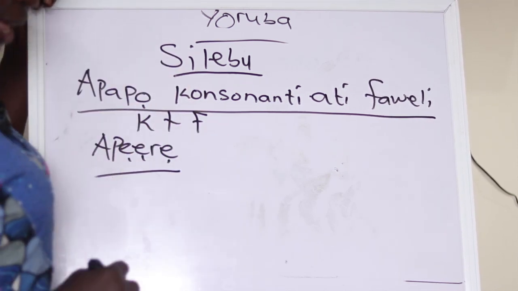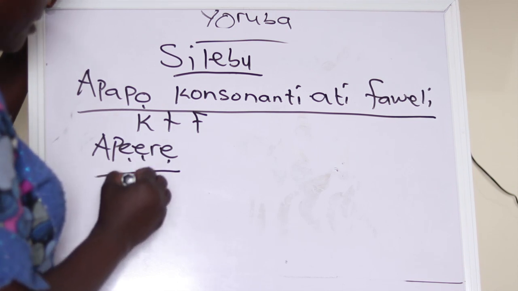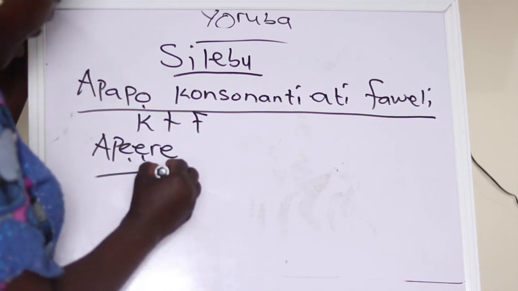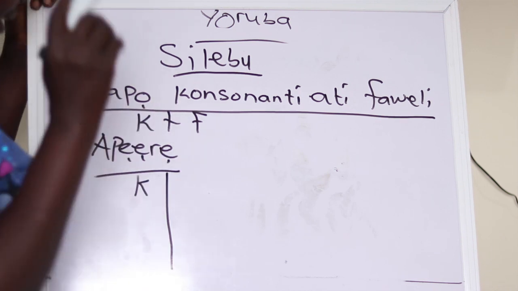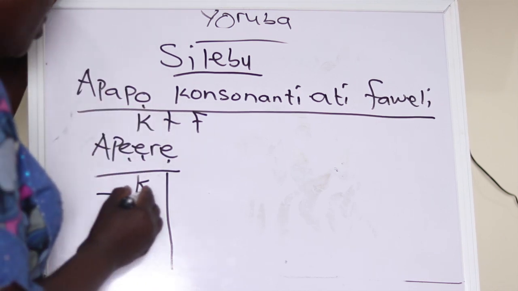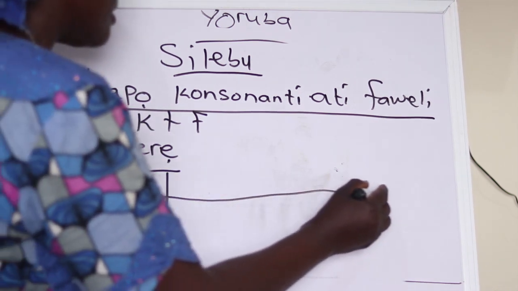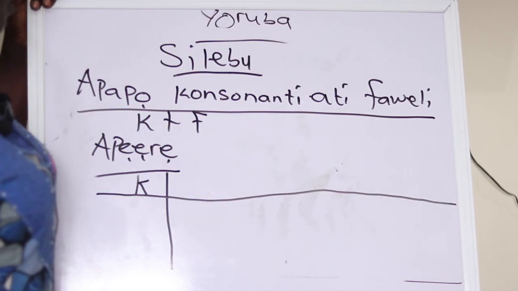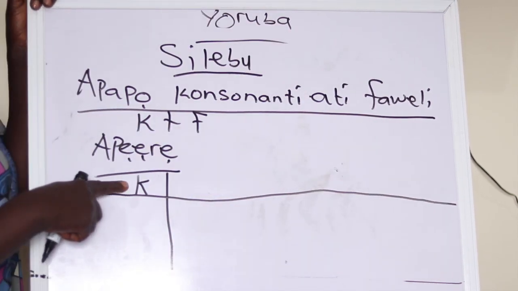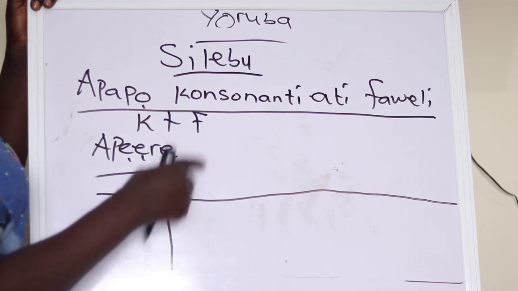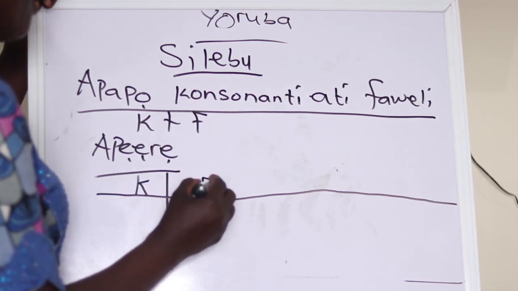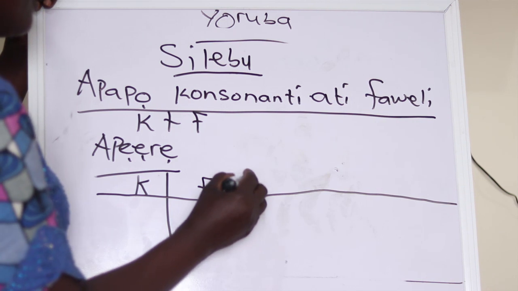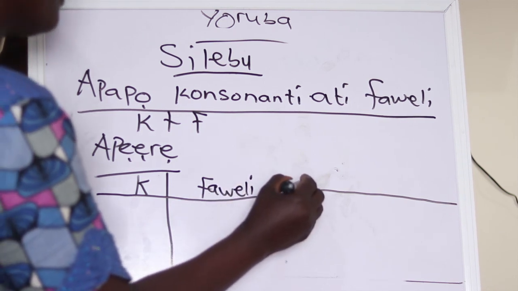Now this one is a consonant. We call it consonants. You will now draw a line like this. We have to make a line like this. So this one will be consonants, and this one will be vowel. Tá a pè ní fáwẹ́lì àìránmúpè.